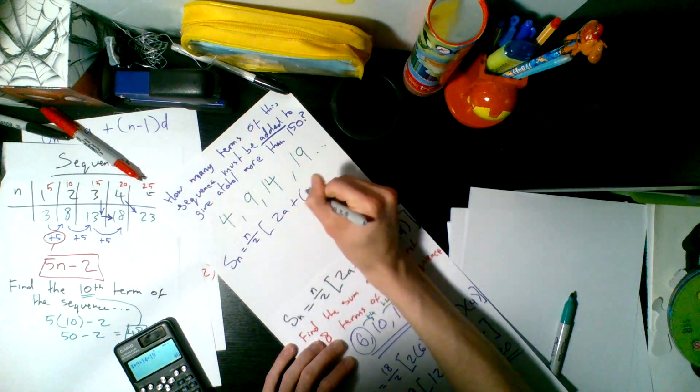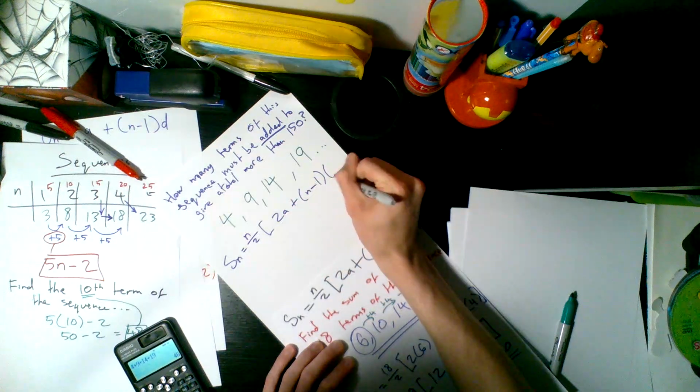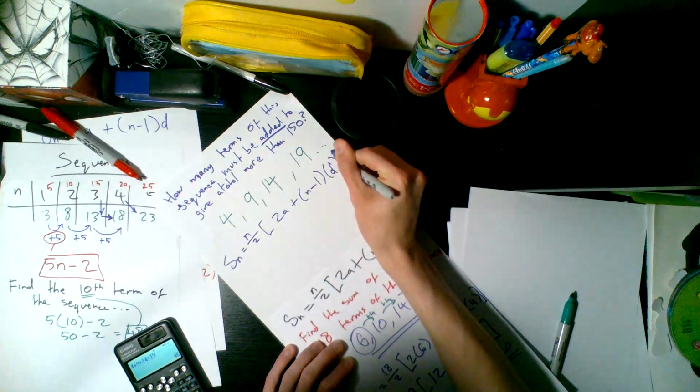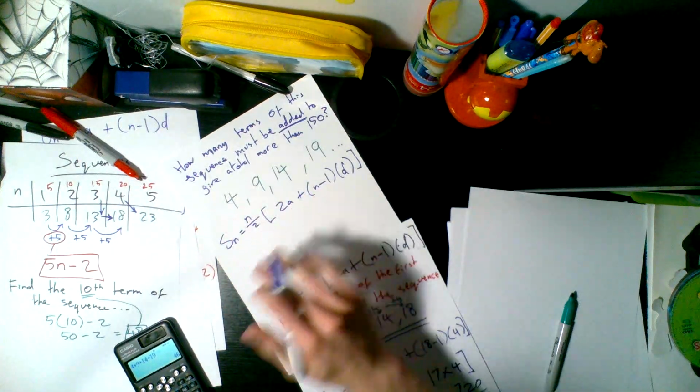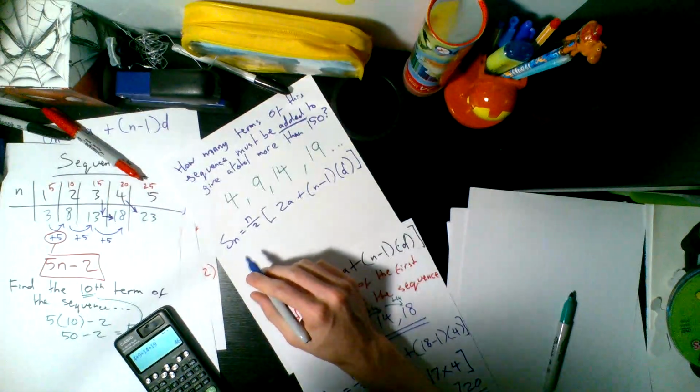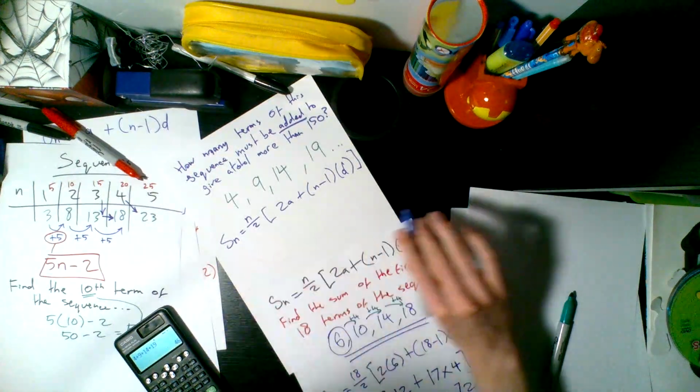If we put in all the information we know, we might not know some of the values, but we'll try to fill in everything we know.